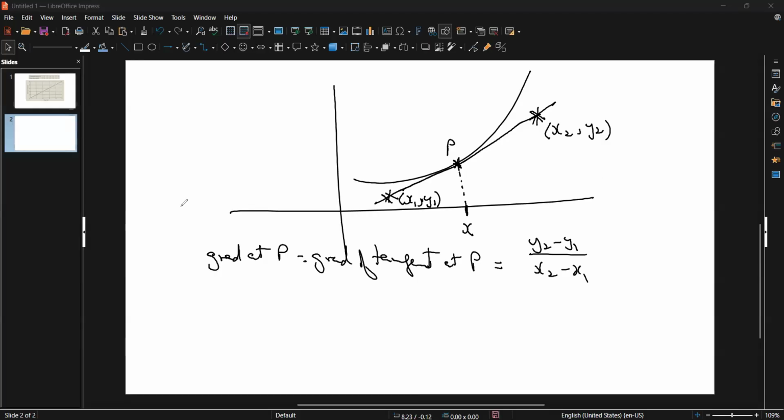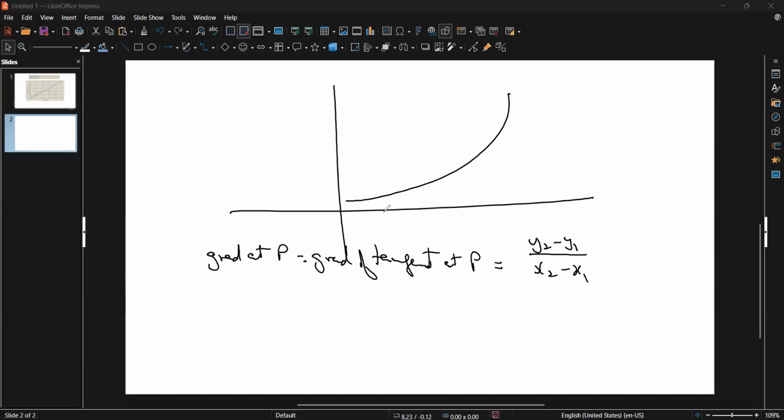So you can also, from this graph, let's say you have a similar graph and you want to know the average acceleration between x1 and x2. Sorry, not average acceleration, average velocity.